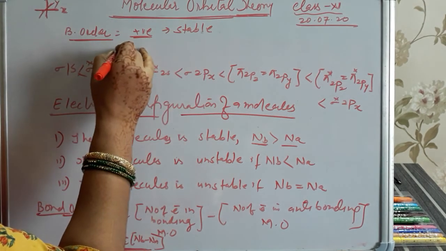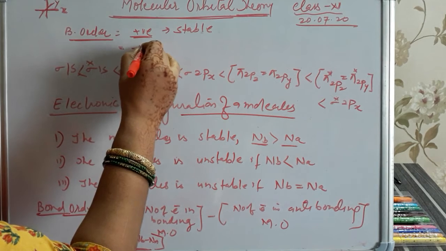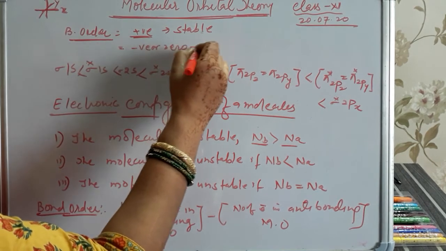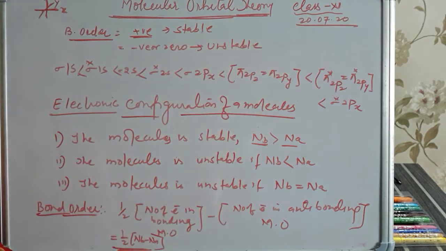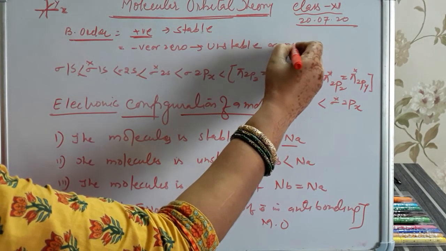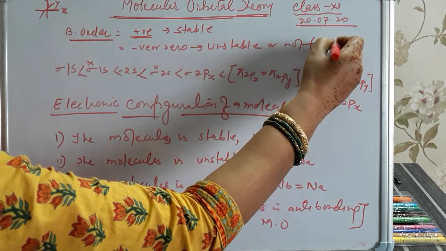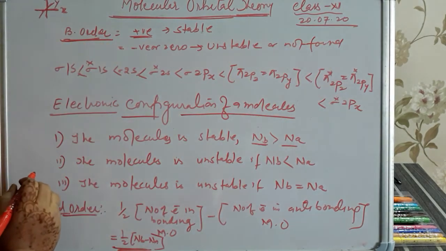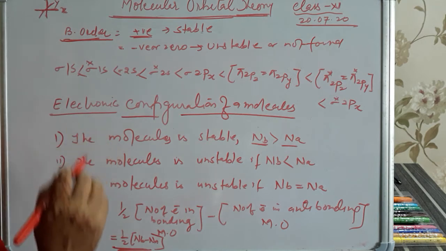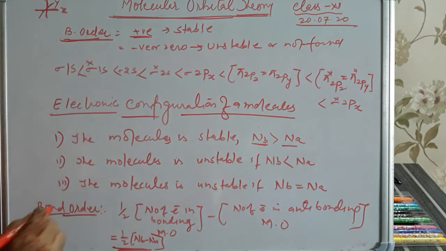But if the bond order is negative or 0, that means the molecule is unstable in nature or not found. So on the basis of bond order we can find out the stability of the given molecule. So let's discuss the simplest molecule, hydrogen, at first.